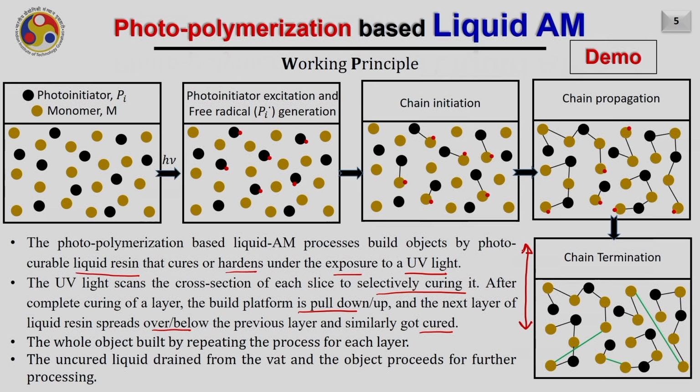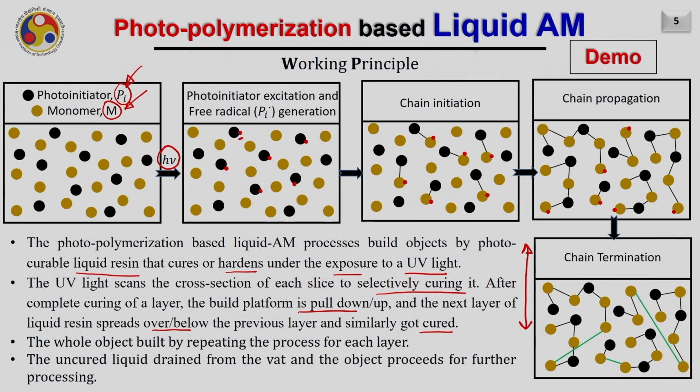Typically, a wet photopolymer resin consists of two materials. First is called photoinitiator and second is called monomer. The photoinitiator here is represented by PI and the monomer is represented by M. When the UV light falls onto this resin, the photoinitiator absorbs the energy from the UV light, that is in the form of h nu, and produces free radicals.